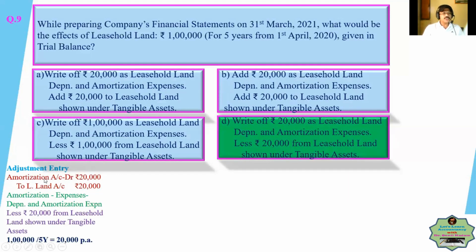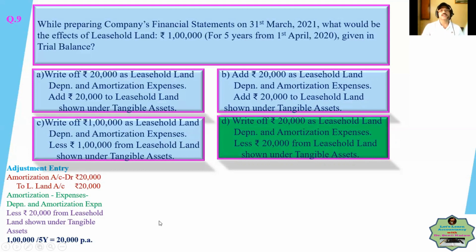When you charge depreciation, we pass the entry: depreciation and amortization account debit, to leasehold land account. It will be charged on the debit side. The heading is depreciation and amortization under the expenses of the profit and loss statement, and the second effect will be shown under the notes to balance sheet number 10 under Schedule 3, which is depreciation of tangible assets.